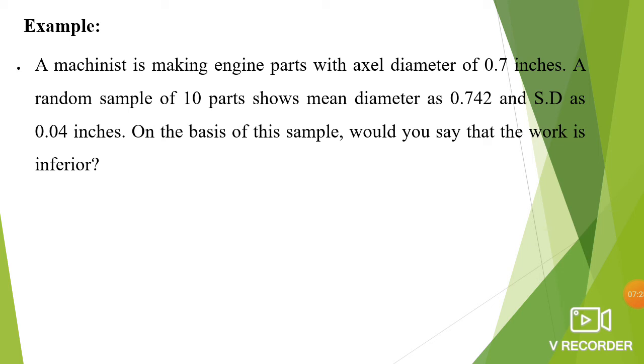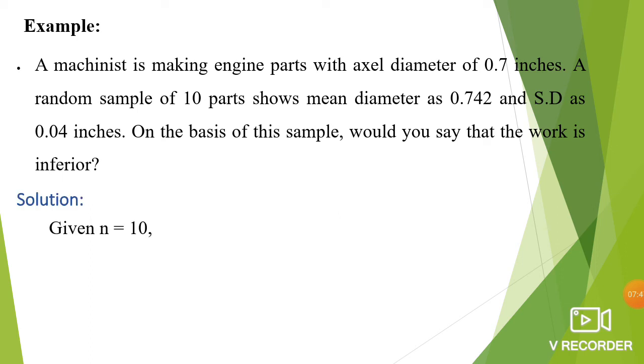Third problem. A machinist is making engine parts with axle diameter of 0.7 inches. A random sample of 10 parts shows mean diameter 0.742 and standard deviation 0.04. On the basis of this sample, would you say that the work is inferior?